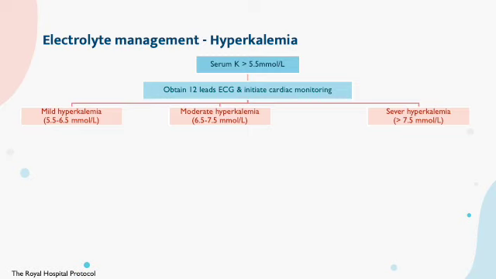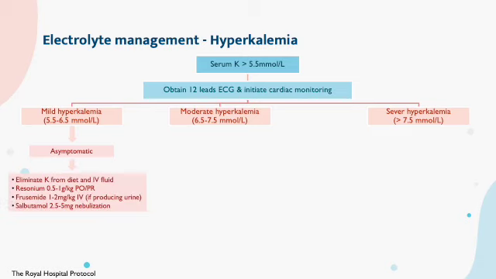So for patients with mild hyperkalemia and asymptomatic with no ECG change, we need to start resonium 0.5 to 1 gram per kg, furosemide and salbutamol nebulization, and we need to eliminate all potassium from diet and IV fluid.